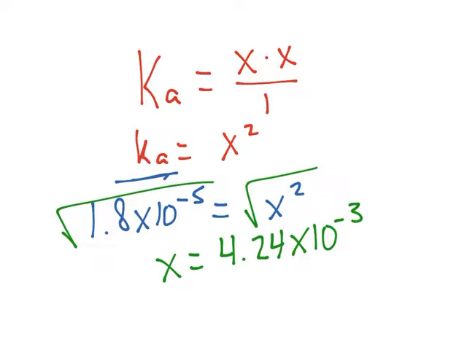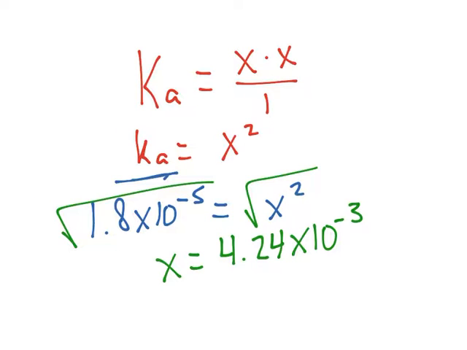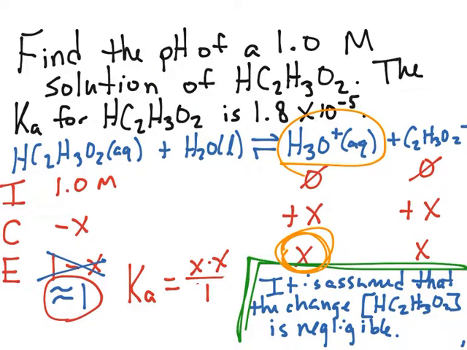So now we need to think about what we just solved for, though. We solved for x, which in our scenario from the beginning here, x was the ever-important hydronium concentration. So two things. Since this is a concentration, we're going to give it units of molarity, so 4.24 times 10 to the negative 3rd molar. And then we need to actually remember we're trying to find the pH.